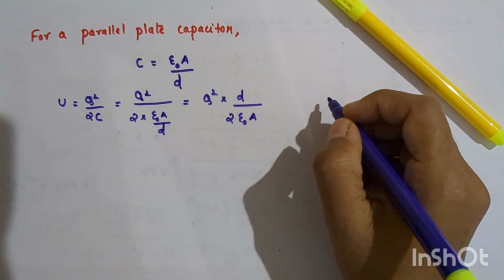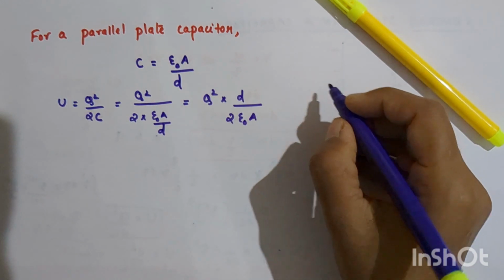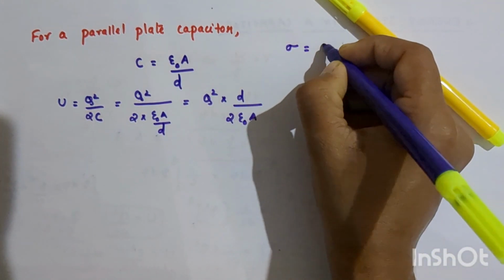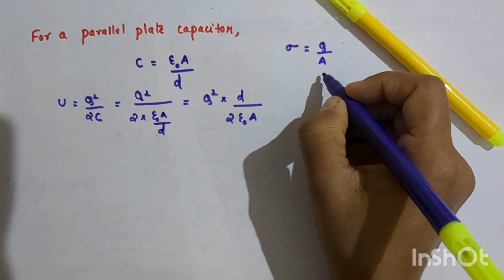Now we have this expression: surface charge density sigma is equal to charge per unit area.